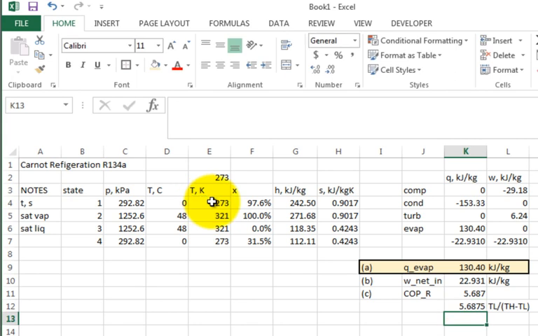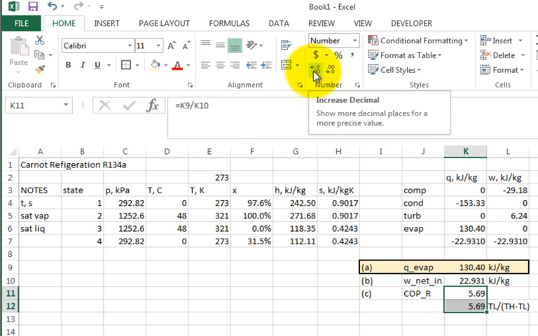And do we get the same answer? What do you think? So it agrees, but it agrees to three digits for sure.